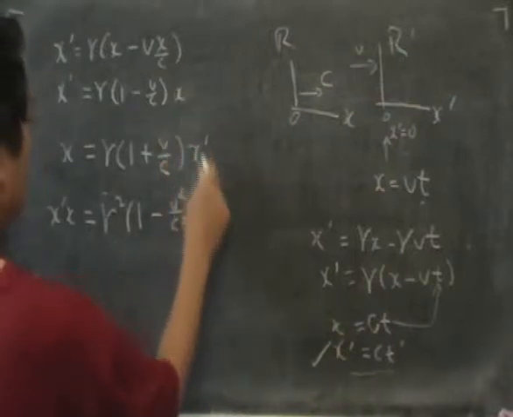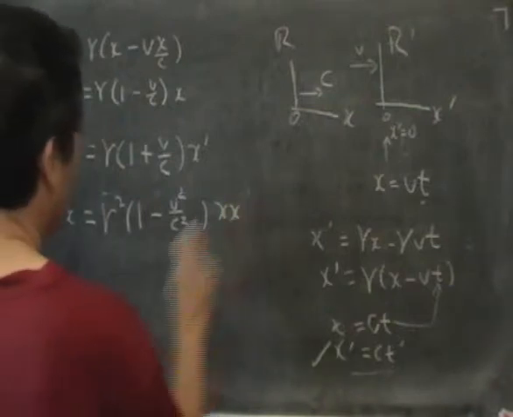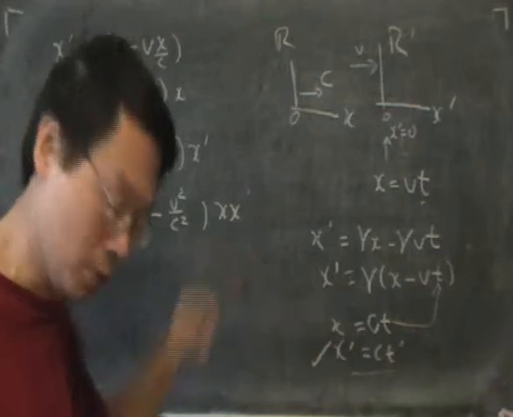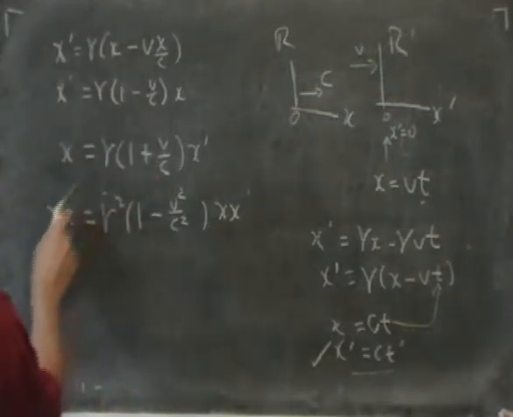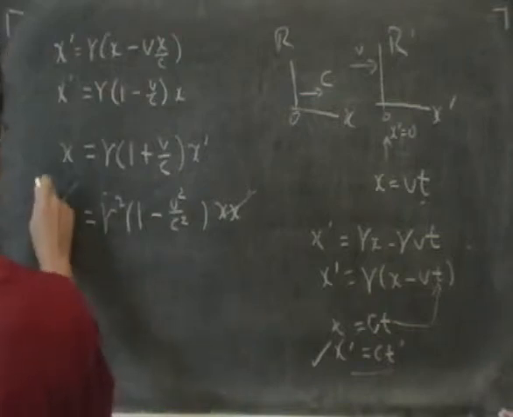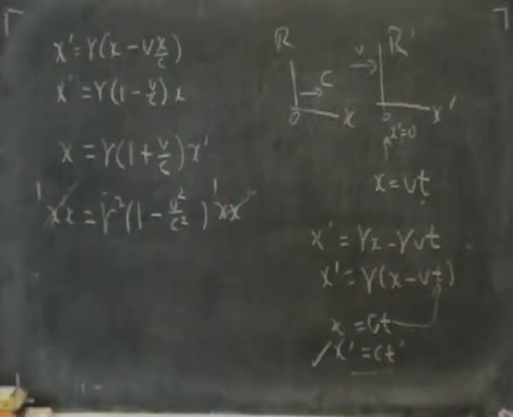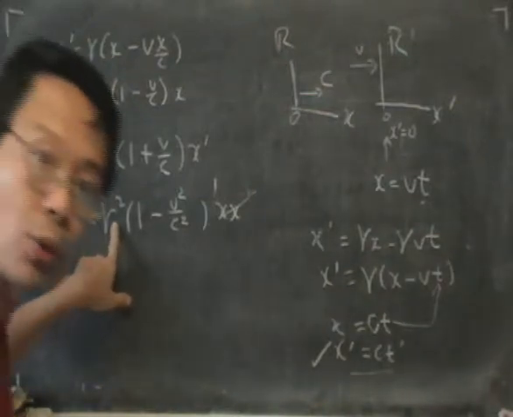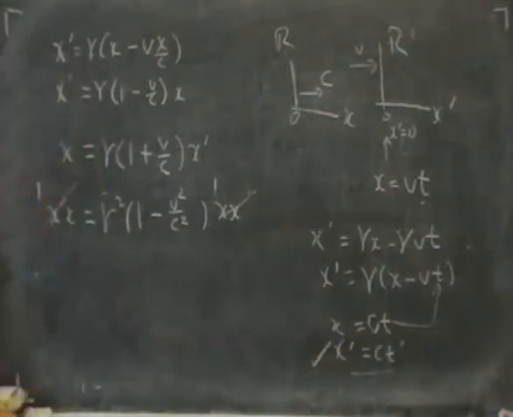And then I have x times x prime. Now this is convenient because I have x prime x on both sides, and I can cancel them. So I have just this. And now I just have gamma squared as the unknown, and I can solve for it.